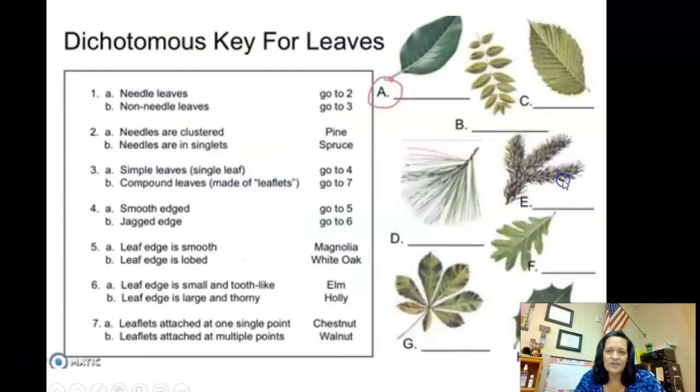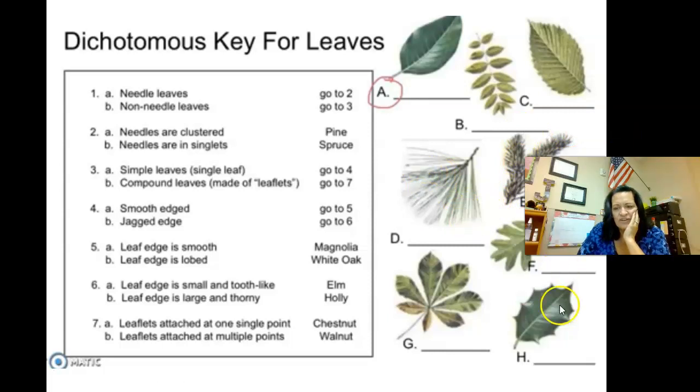Okay. So our next dichotomous key, let's look at this one for leaves. This is how you'll probably mostly see it, okay? So say you're out in nature and you pick up a leaf that looks like, okay, I moved my screen up there. So let's take this leaf down here, this H leaf, okay? So at the top, does it have needle leaves or no needle leaves?